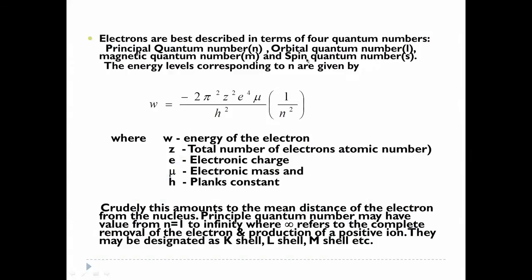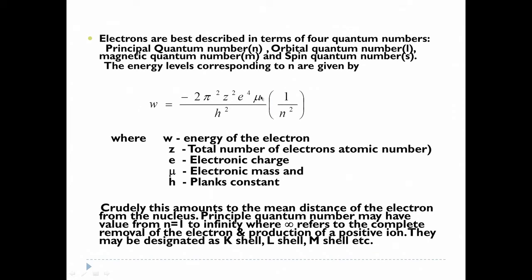The electrons are basically best described in terms of 4 quantum numbers again. One is the principal quantum number n, another is the orbital quantum number, another is the magnetic quantum number, and the fourth is the spin quantum number. The corresponding energy levels are given by this equation.